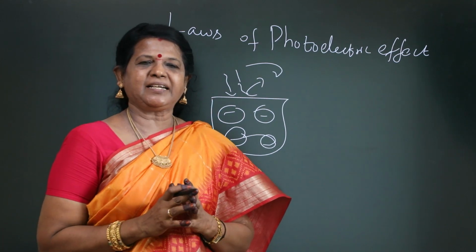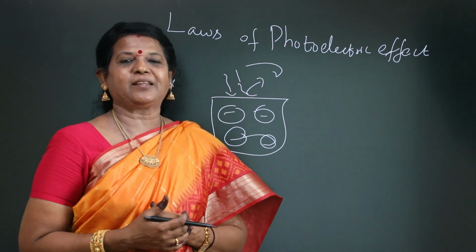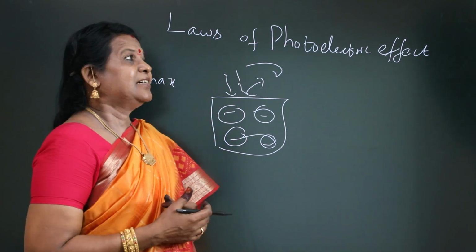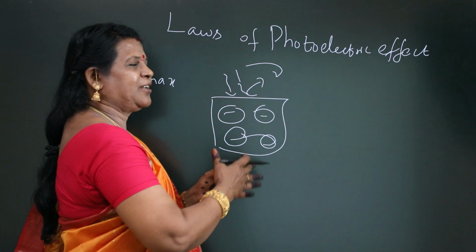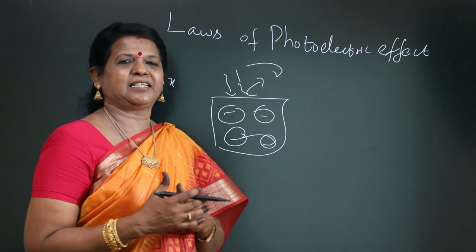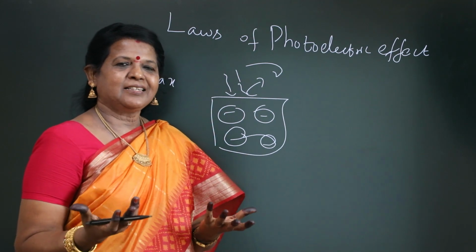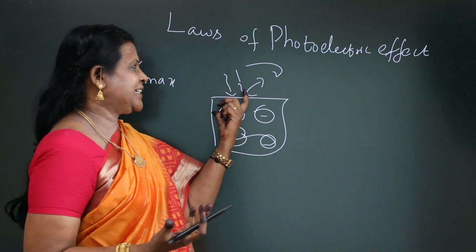That maximum kinetic energy is independent of the intensity of the light. Even if minimum intensity falls on the metal, the kinetic energy K max is in no way related to the intensity of the light.